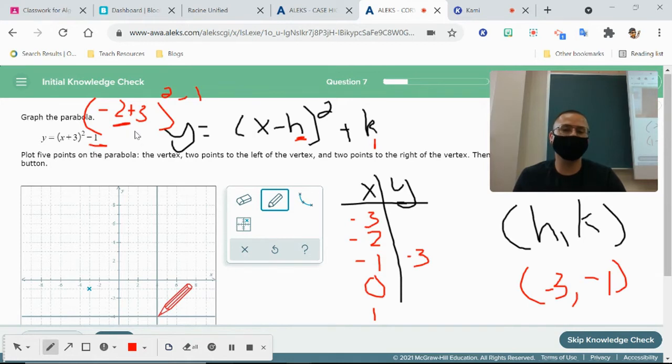So -2 plus 3 is 1. 1 times 1, that's 1 squared, is 1. 1 minus 1 is 0. So we got a point at 0. We have a -3.